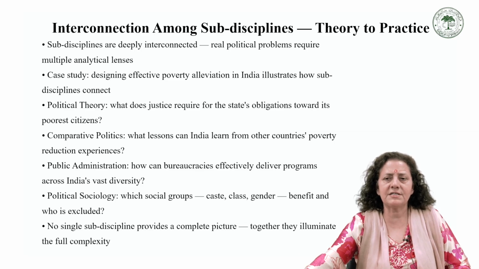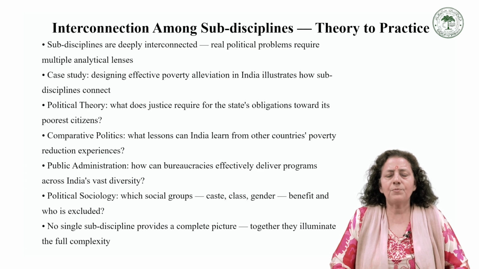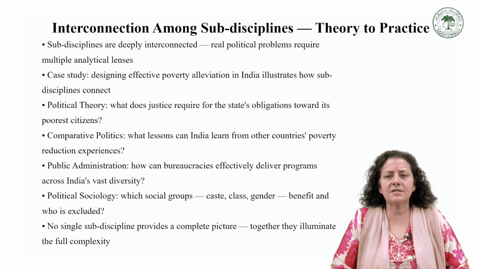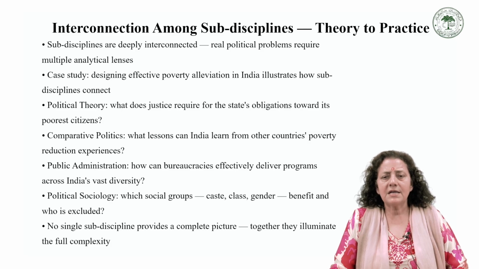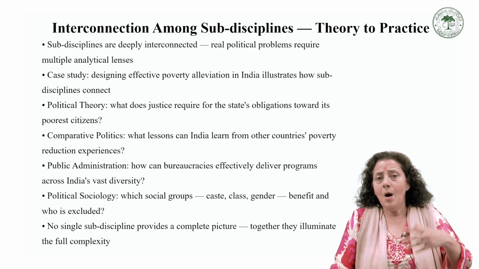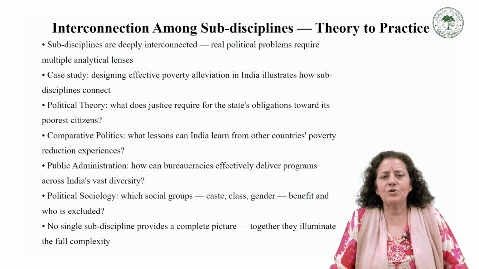Public administration tells us how government bureaucracies can effectively deliver programs to millions of poor citizens across a vast and diverse country. Public policy tells us how policy agendas are set, how alternatives are formulated, and why some policies succeed while others fail. Political economy tells us about the political incentives shaping government spending decisions.